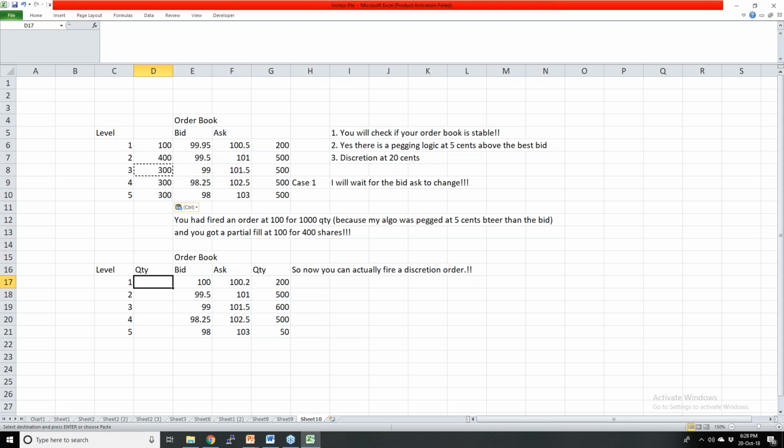And then you fired an order at 1000. So this is the order book, right? Then you get a partial fill. So this becomes 1000 minus 400, that is 600. Now you could have actually fired your discretion order, but because you got a fill, you would want to see whether you want to move back or not. Is this clear?